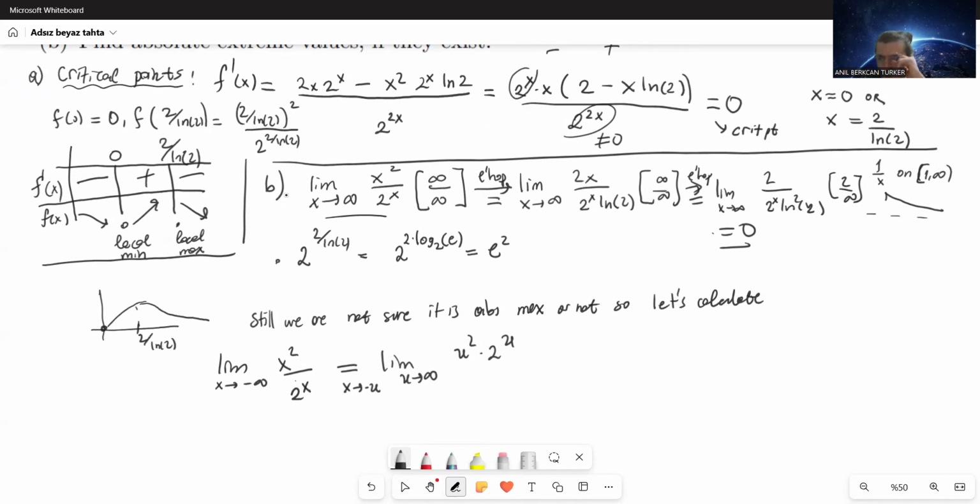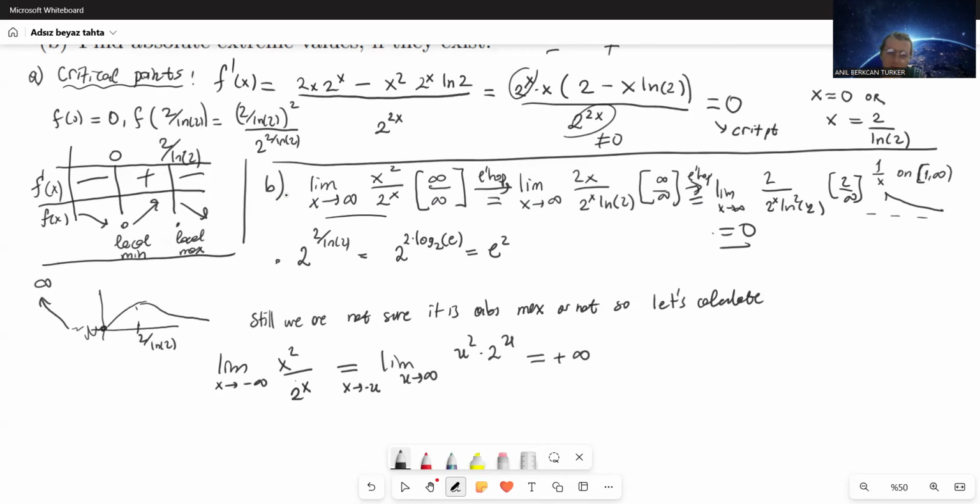So I cannot say that this above is absolute maxima because at minus infinity, this limit is infinity. Or let me just write equality. So it means that before zero, it does something I don't care about, but it goes to infinity. Okay.